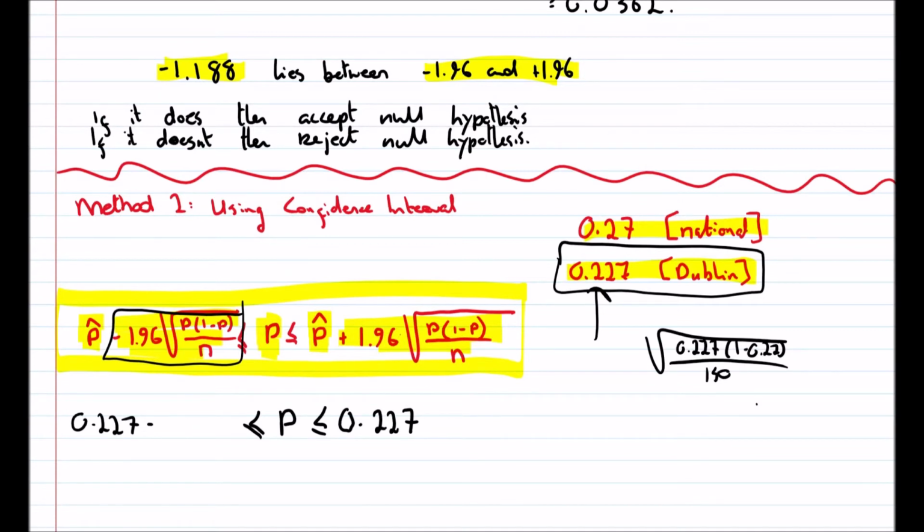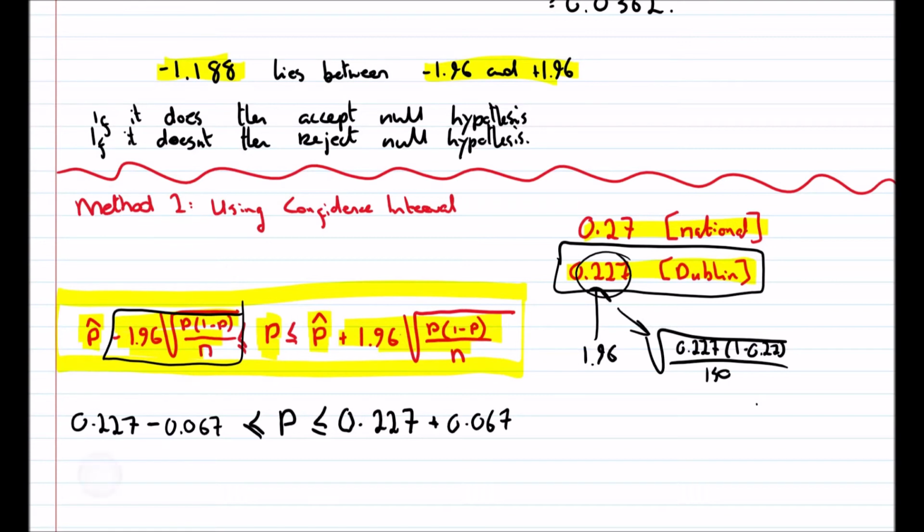So basically we want to see how much this could be wrong. We do that by putting it into this, and then we multiply it by 1.96. And we get 0.067. And likewise we add 0.067 to this side.